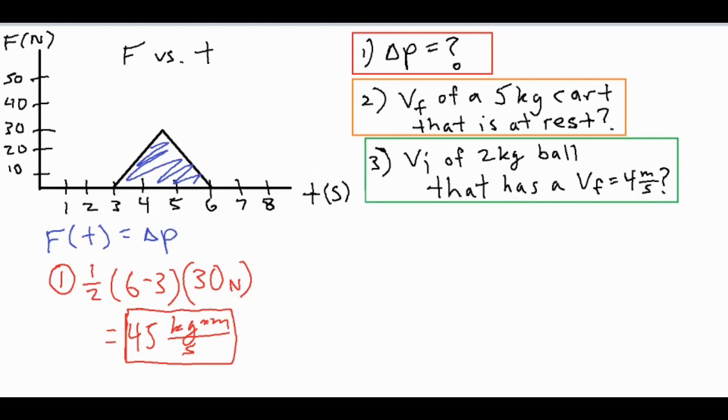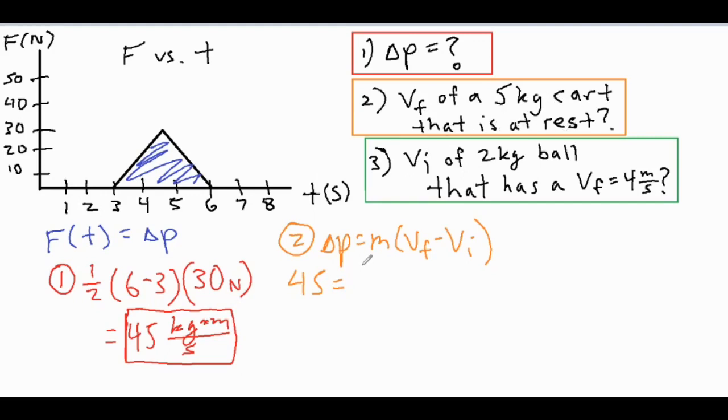Now, getting into number two, we're looking for a VF. If you're looking for a VF, then you're going to use the formula: impulse equals mass times delta V, where delta V is final minus initial. We already took care of the impulse portion, so we know that it's 45. It says we're looking for the final velocity of a 5 kilogram cart that is at rest.